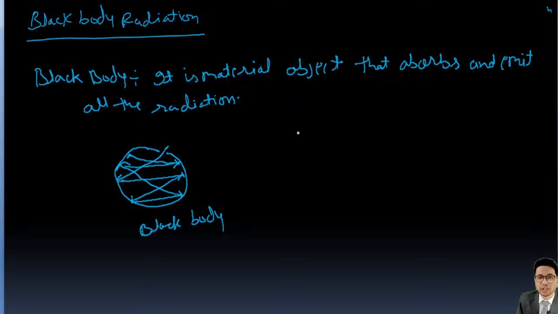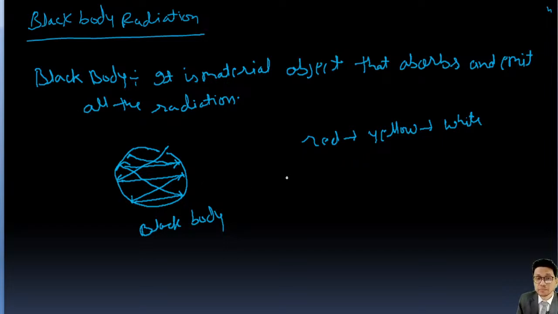As we increase the temperature, after some time it becomes red, then as we keep increasing the temperature it becomes yellow, and then it becomes white. With classical mechanics we were not able to explain this.